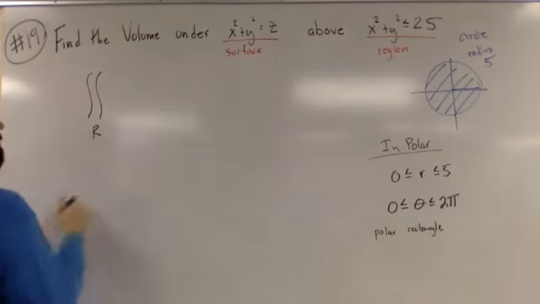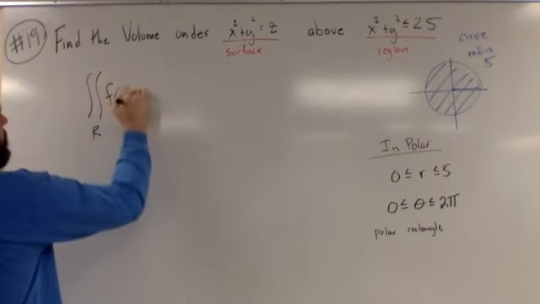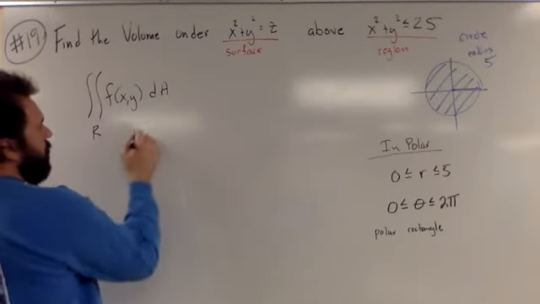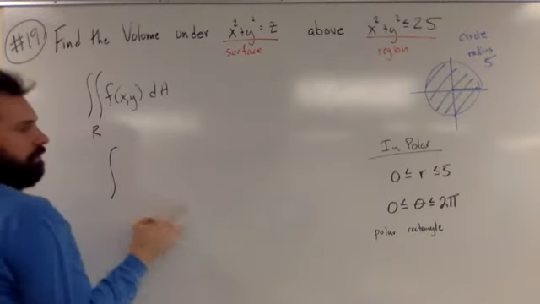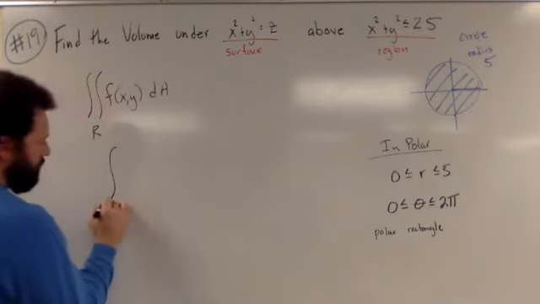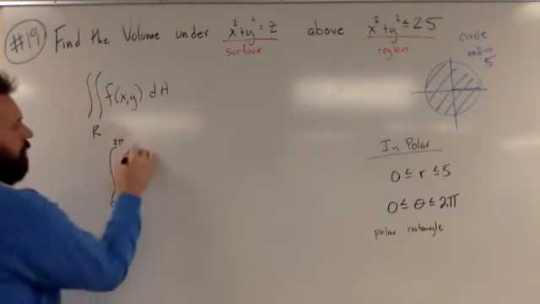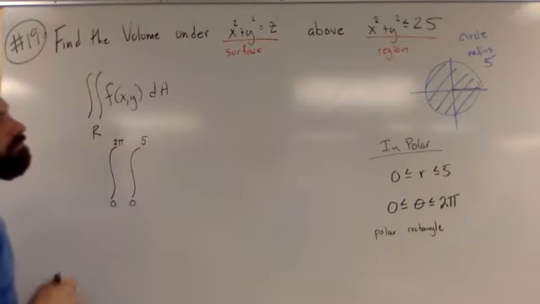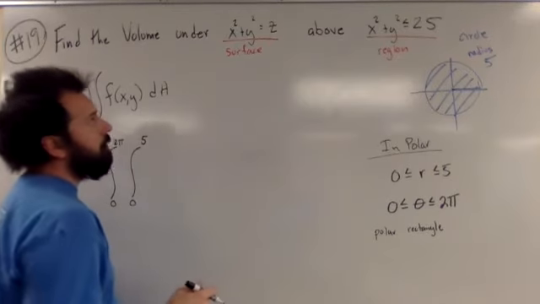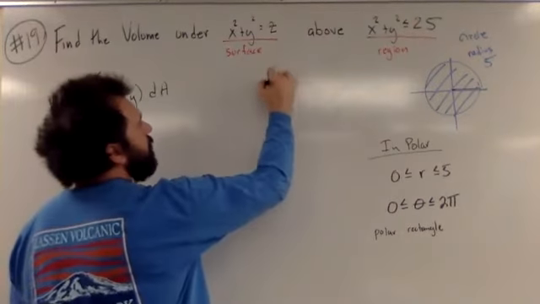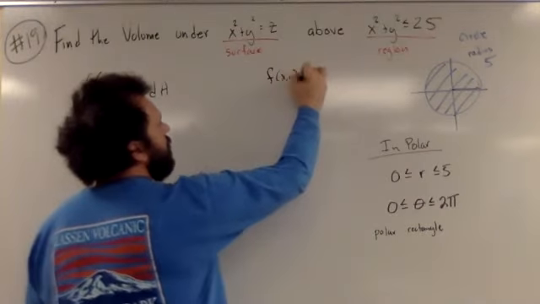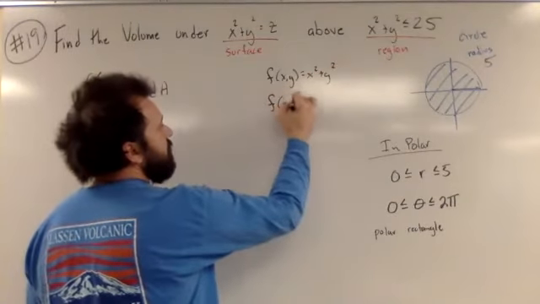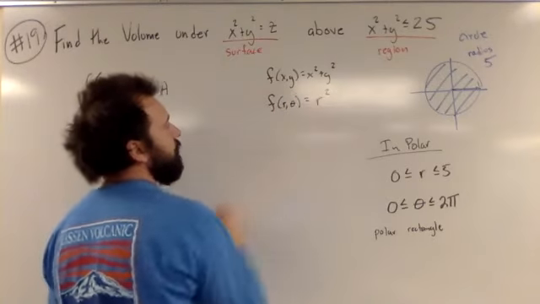So the double integral over the region, I'm going to convert this to polar. So I'm going to have my angles from 0 to 2 pi, and my radius is going to go from 0 to 5. Now I need to convert my function. If I want to write this function in terms of r and theta, it's just going to be r squared.